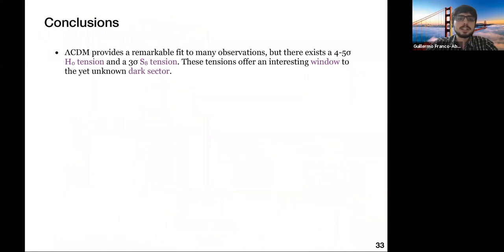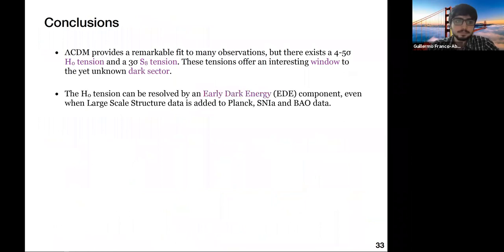So now let me go into the conclusions. We've seen that the lambda CDM provides an excellent fit to many observations, but there still exist some tensions such as the Hubble tension or the S8 anomaly. The interesting thing about these anomalies is that they could actually give us hints about the properties of the very mysterious dark sector.